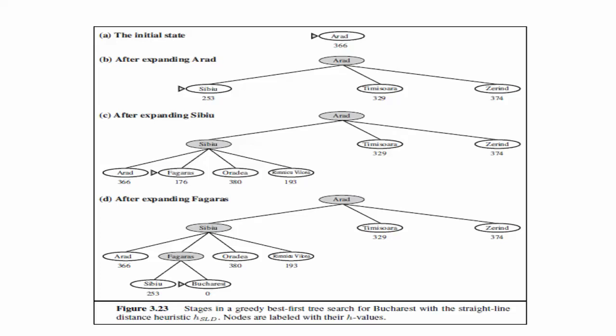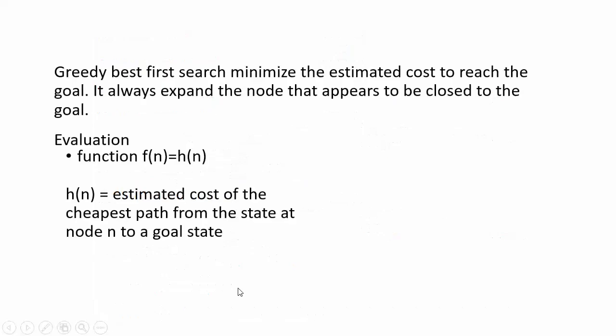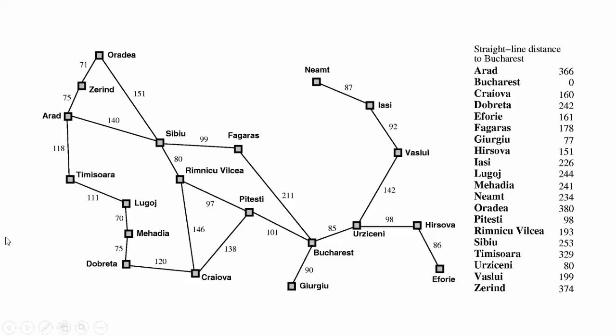We start with the initial state Arad. In this example, my source is Arad and the destination is Bucharest. Go to the graph. What are the neighbors for Arad? The neighbors for Arad are Sibiu, Zerind and Timisoara. For these, don't consider the actual cost. Under greedy best first search, we have to consider the heuristic cost, that is the estimated cost.